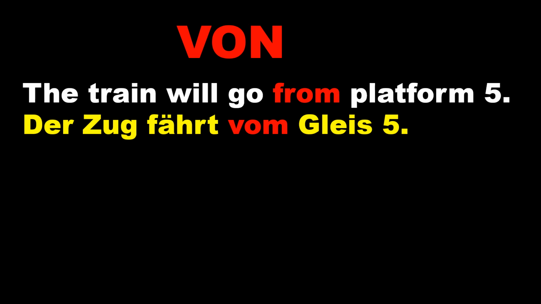Vom, that is a composite word which means von plus dem. Von dem Gleis. Instead of writing both the words, I have written a combined word, vom. So it has the article included in that. Der Zug fährt vom Gleis 5.